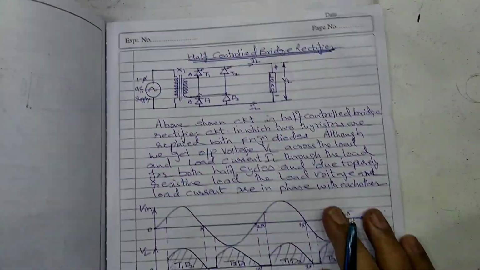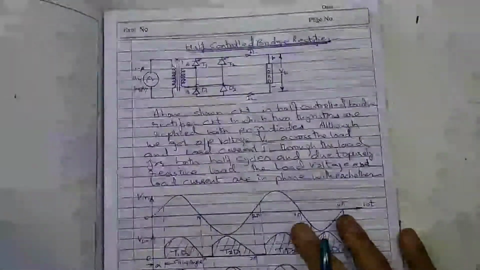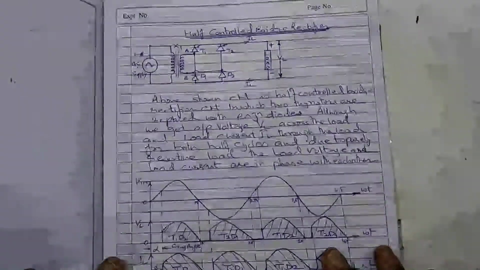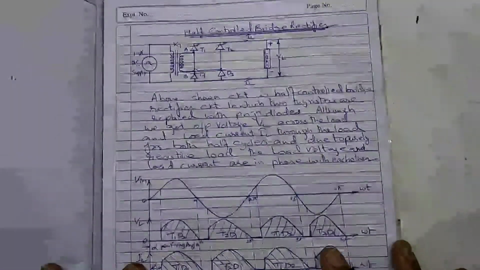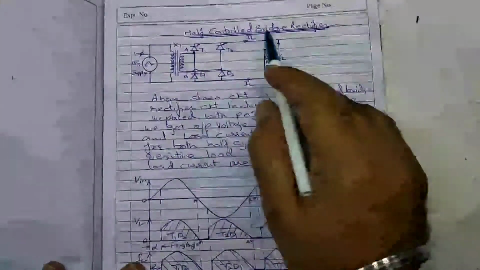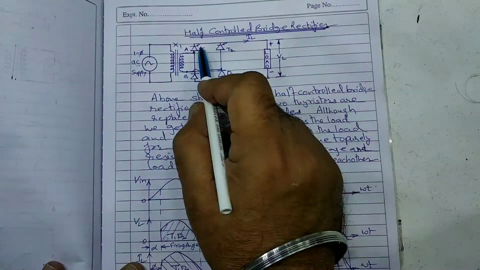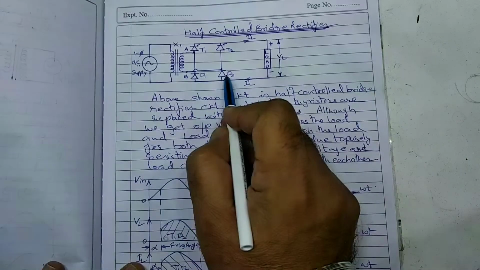Next we have the half controlled bridge. The earlier one was fully controlled, having all 4 thyristors in the bridge. Here it is called a half controlled bridge rectifier circuit, where we have 2 thyristors T1, T2 and 2 diodes D1, D2.